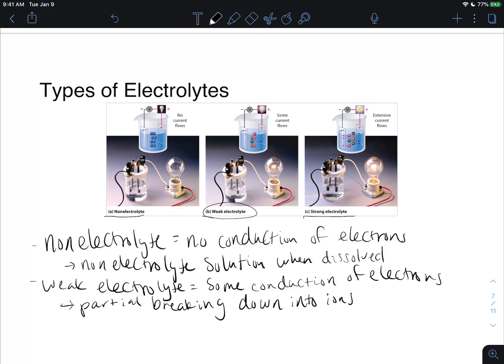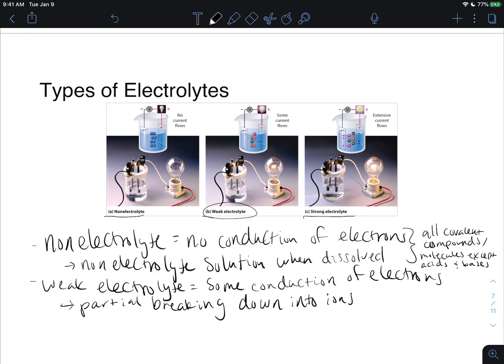Okay. Now, our non-electrolytes are going to be basically all covalent compounds, or molecules, with the exception of acids and bases.